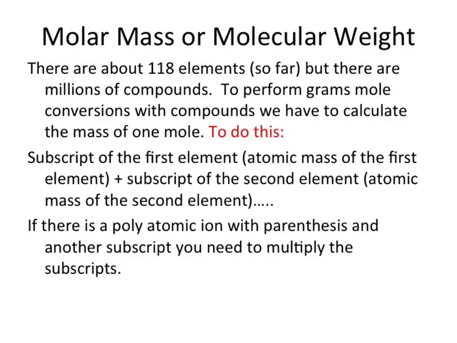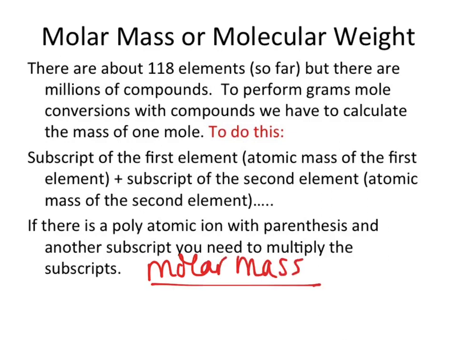Today we are going to talk about molar mass, or it might be called molecular weight. And what this is, do not write all this down, is the mass of the element or the compound, and that is over 1 mole. So it's the molar mass, and that is in 1 mole.